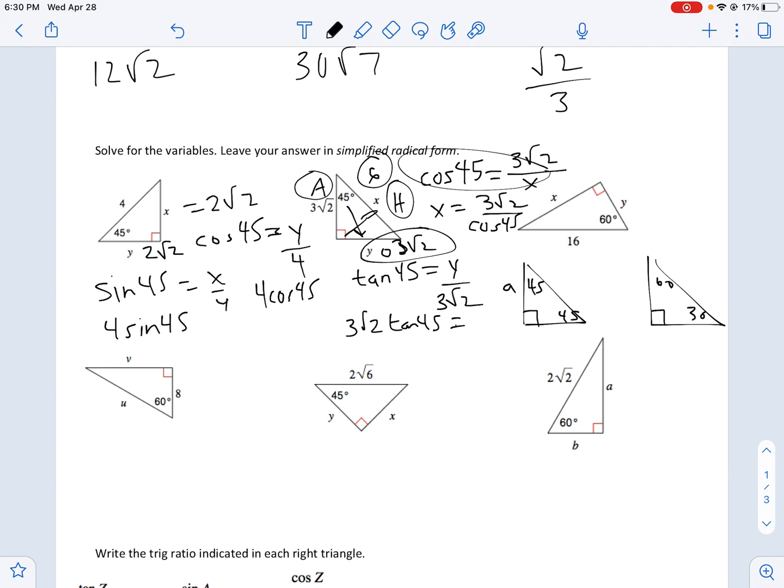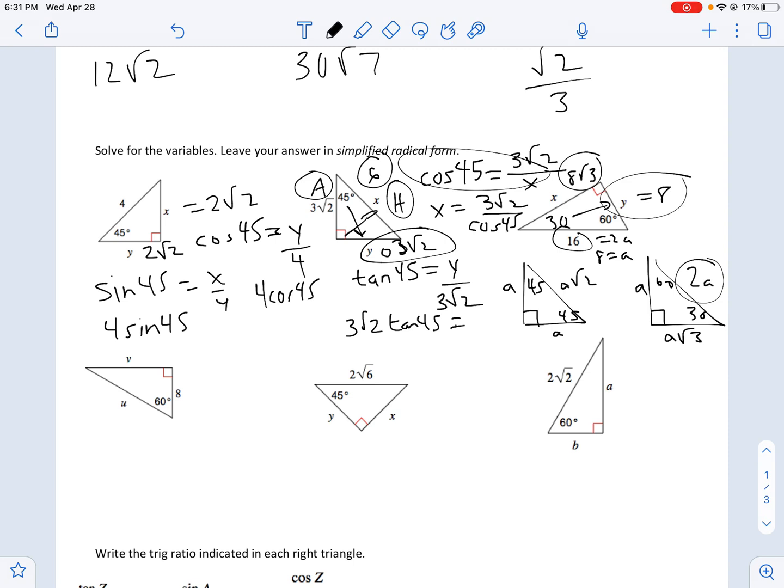Now remember, this is a, a square root of 2, a square root of 3, 2a. So if you want to do it that way, you get 2a equals this. So a is 8. This is your 30. So this is 8 and 8 square root of 3.